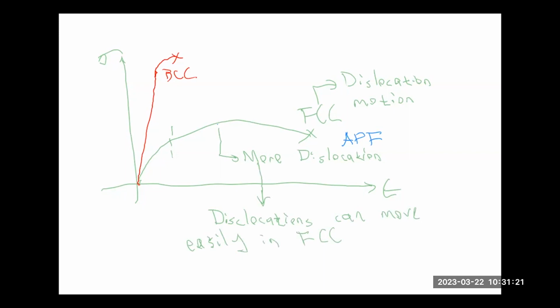Whereas in BCC, it is really, really hard to move the dislocations. BCC, for example, tungsten, zirconium, right? Most of the transition metals, it's hard to move the dislocations.